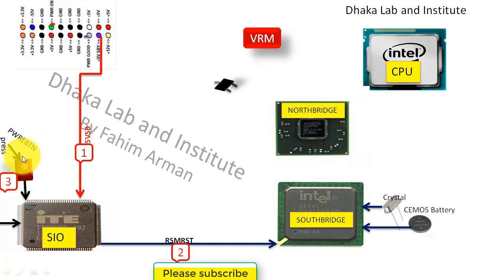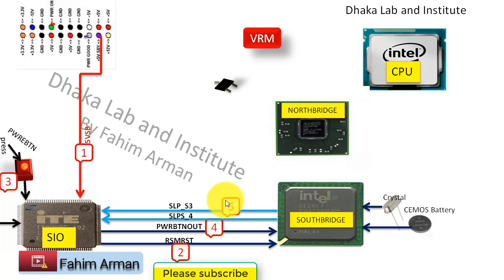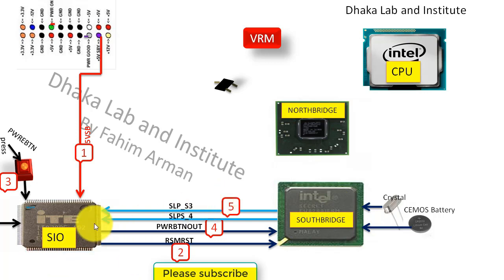When we press the power button, IO gets the power button signal, and then it passes the power button out signal to the South Bridge. After having all the frequencies and voltages, the South Bridge will pass SLPS3 and SLPS4 signals to IO.